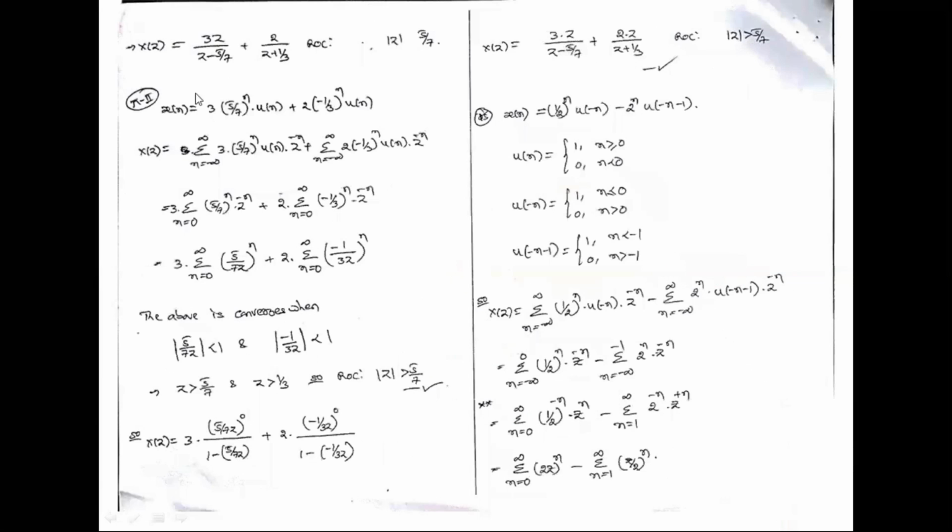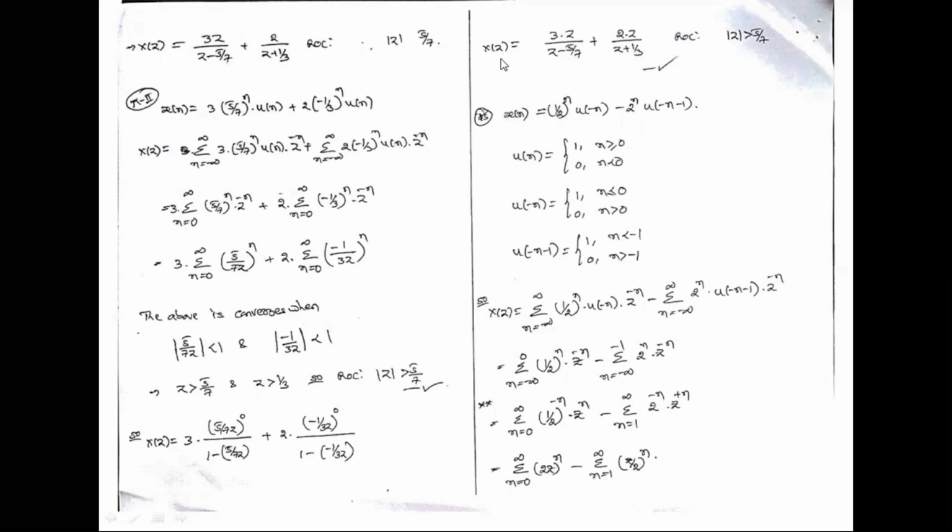So simplify this: 3z by z minus 5 by 7 plus 2z by z plus 1 by 3, and ROC is z greater than 5 by 7. You got that, my dear students. Since both are greater than values, whichever is higher is overlapped. Minus 1 by 3 is less than 5 by 7.